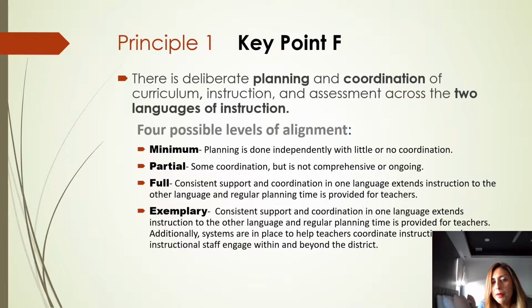At full, consistent support and coordination in one language extends instruction to the other language, and regular planning time is provided for teachers. At the exemplary level, of course, there's consistent support and coordination in one language that extends instruction to the other language, and regular planning time is provided for teachers. Additionally, all the systems are in place to help the teachers coordinate.